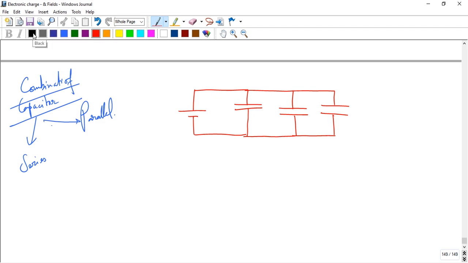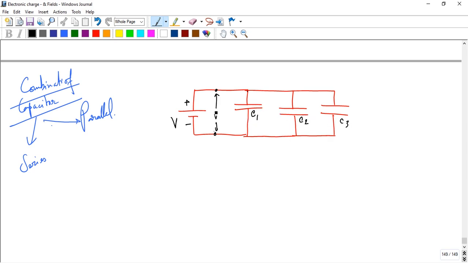So that's the potential V, that is a plus minus. So that is also the V potential here, same value of source battery value. A source voltage V, and that is C1, C2, C3. These are the capacitances of those capacitors.